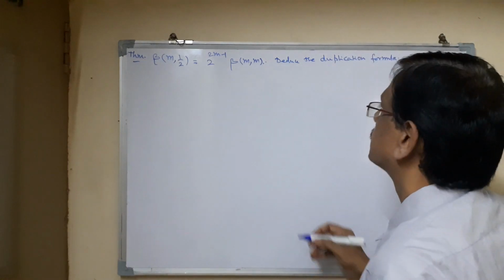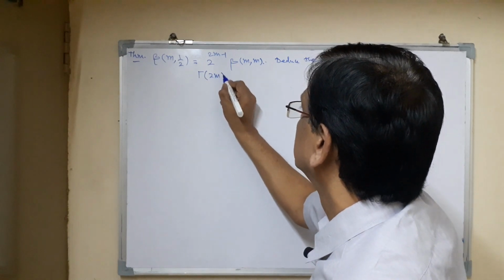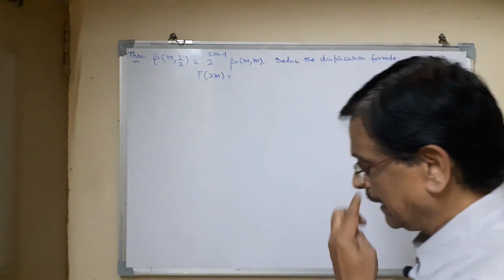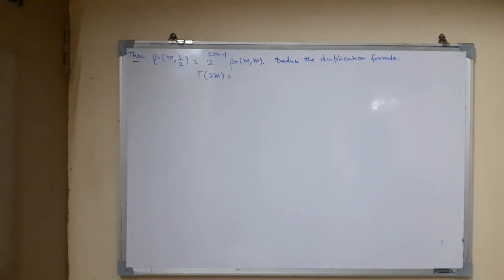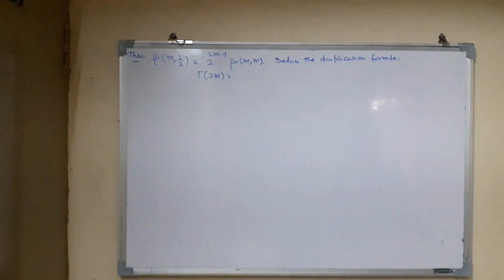The formula is as follows: gamma of 2m is equal to, observe one thing carefully, I am writing the duplication formula. I want to say about this duplication formula in terms of gamma.